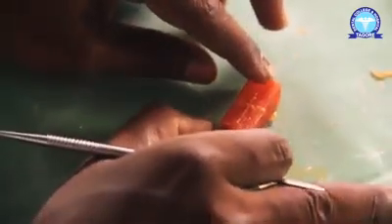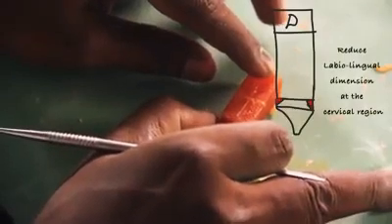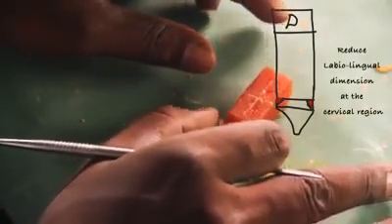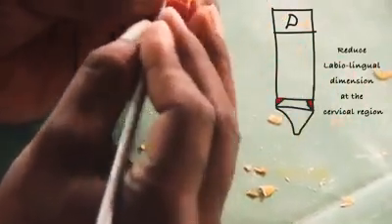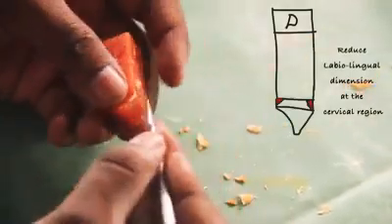The next step is to check your labiolingual dimension. The labiolingual dimension is a little bit larger in this condition. You have to reduce it to the proper dimension. So what you do is try to remove from the cervical 1/3.